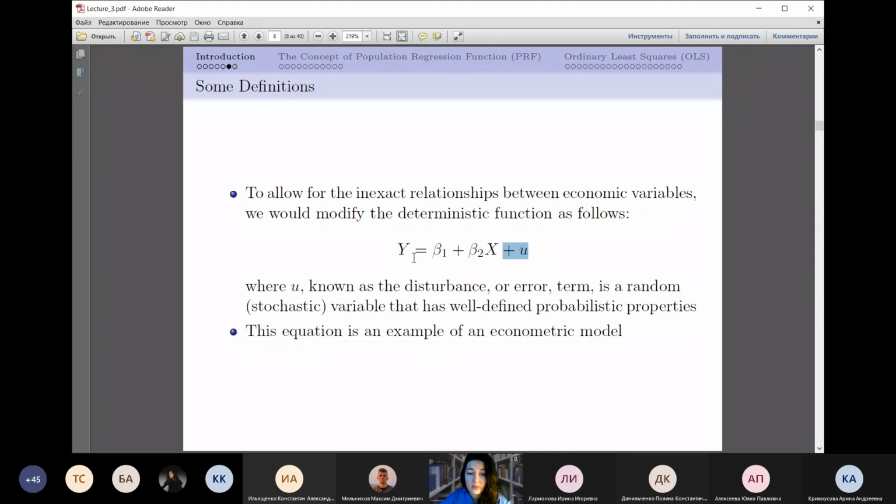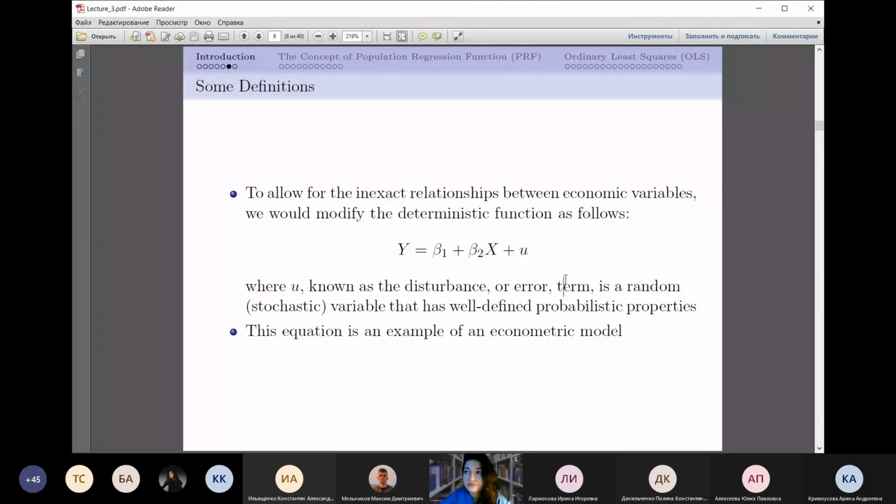More technically, we can call this equation an example of a linear regression model. And this is our major concern for this lecture and for the next lecture.